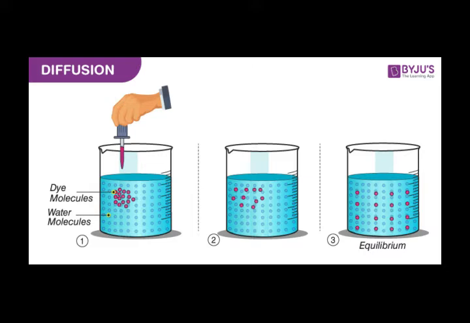The molecules move from higher concentration to lower concentration. And diffusion occurs rapidly in gases than in solids and liquids. Note the points. Solids and liquids also have diffusion, but a little slower than the gases.